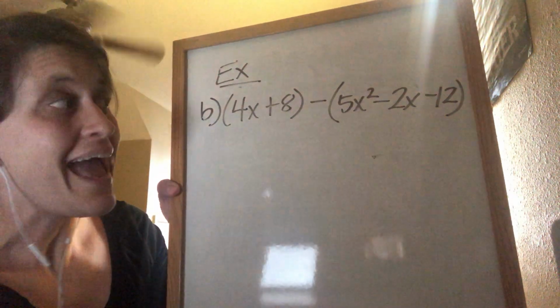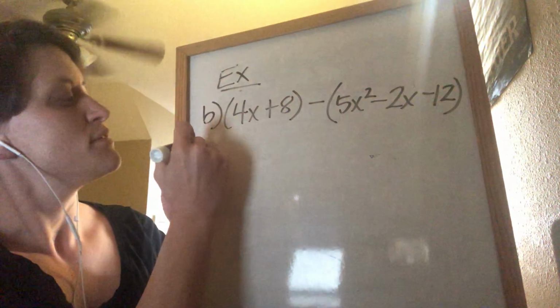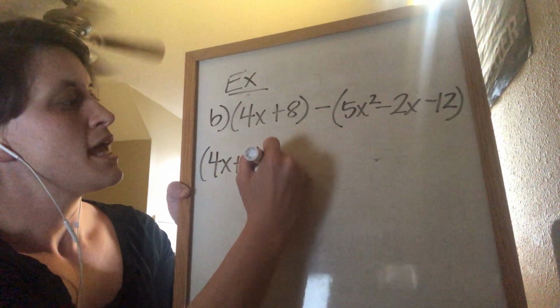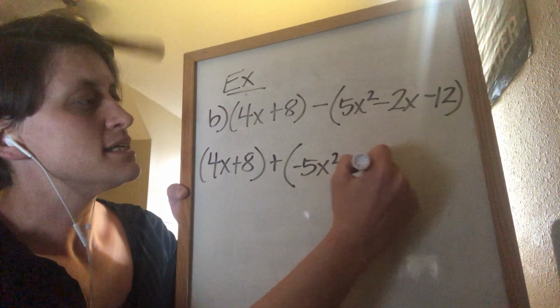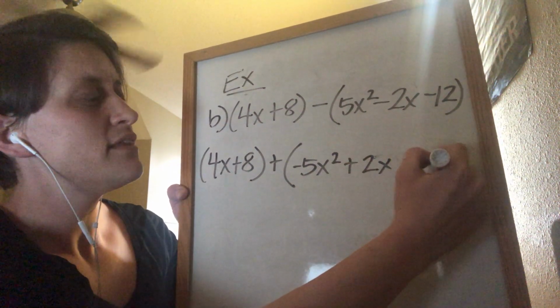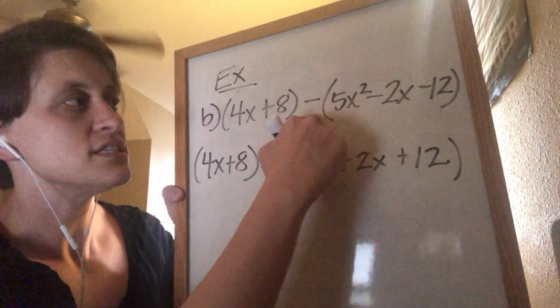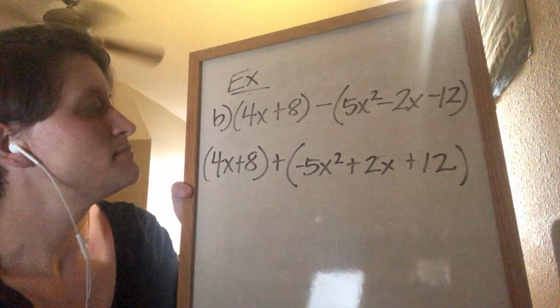You're just going to add the opposite of everything in the second set of parentheses. So this first set of parentheses is going to stay exactly the same. And we're just going to add the opposite of everything in the second set of parentheses. You could just as well think of it as distributing a -1. Either way gets you the same result.